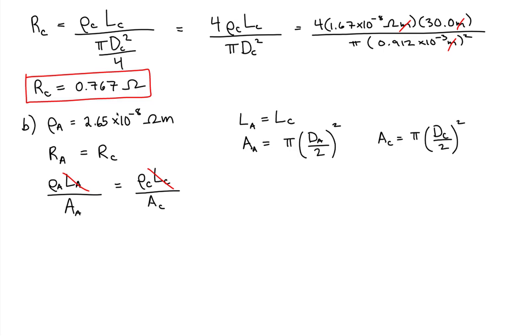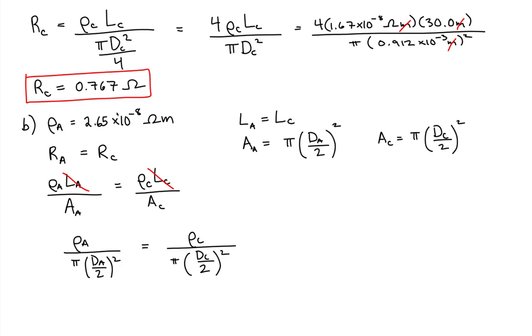This means that our relationship between the resistance of the aluminum and the copper is equal to the resistivity of the aluminum over the area of the aluminum wire, which is pi times the diameter of the aluminum wire over 2 squared, is equal to the resistivity of the copper wire over pi times the diameter of the copper wire over 2 squared.